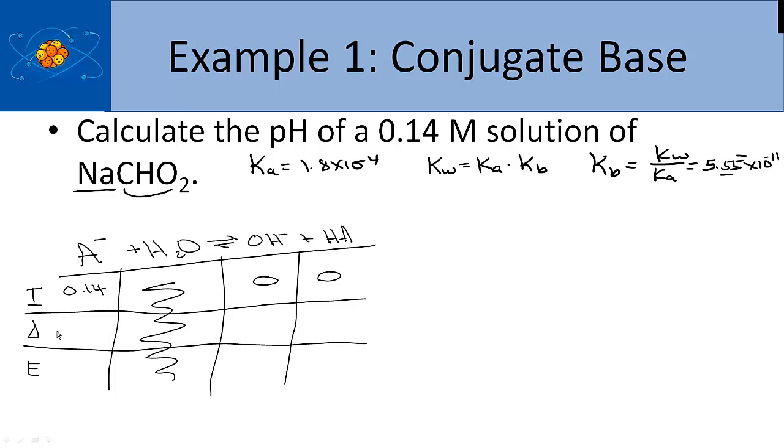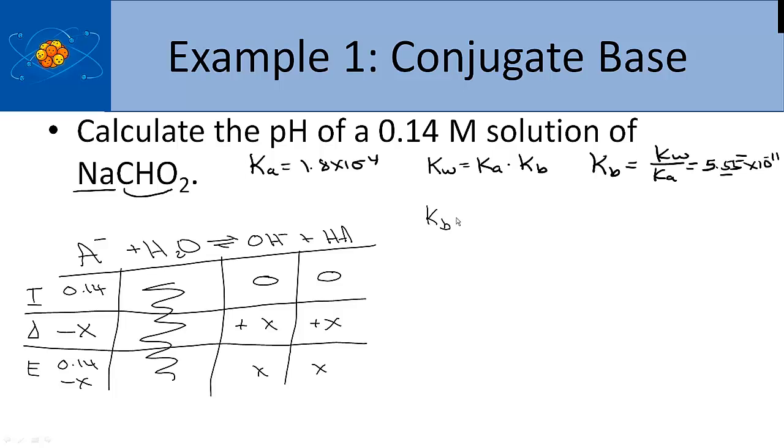We know it's going to go to the right because I don't have any weak acid or hydroxide, and I'll get plus X on the right. So I have 0.14 minus X, X, and X. Now, plug that into my Ka expression, or Kb expression.